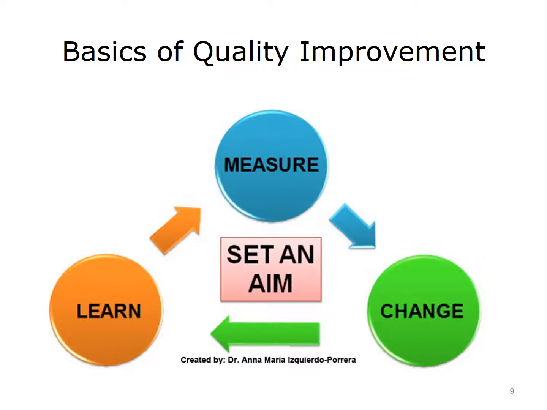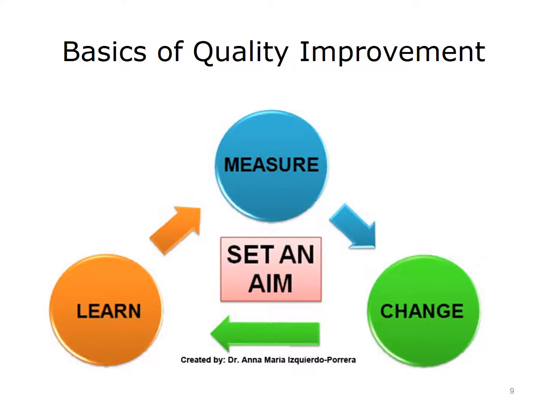Noted scientist and management consultant William Deming's famous quote, "What can't be measured can't be improved," is still true in the 21st century. Change is the second essential component of any improvement process. Finally, the third essential component of improvement is our ability to learn and better understand the system we are changing.